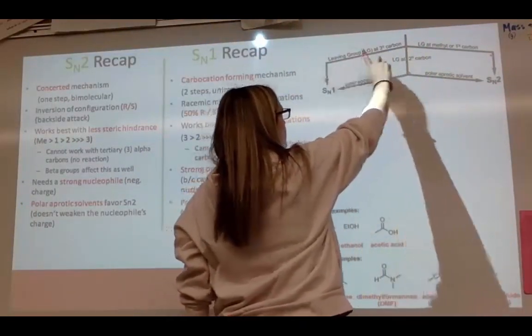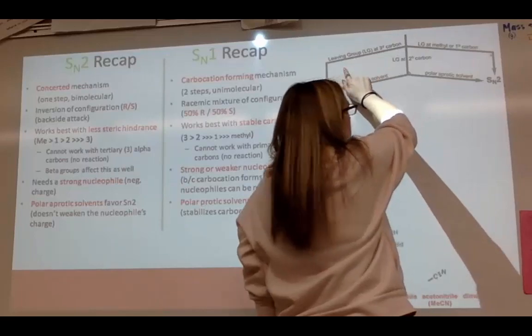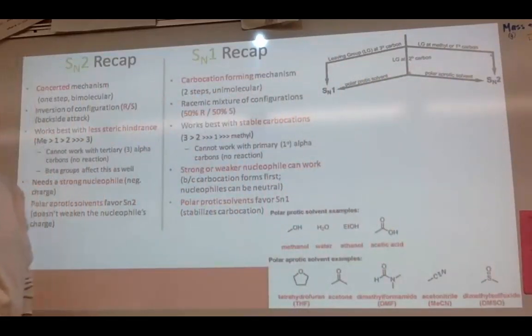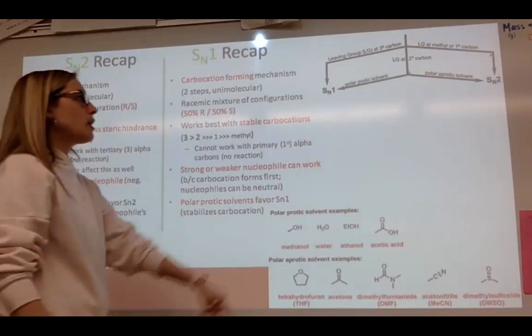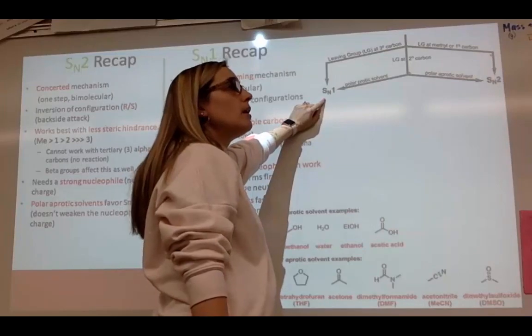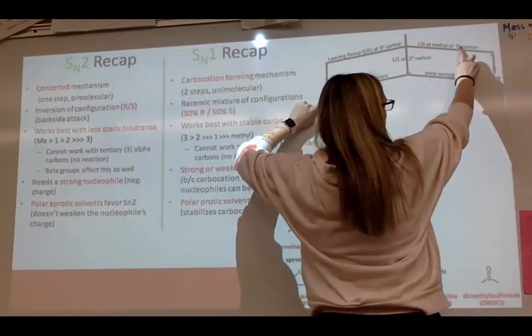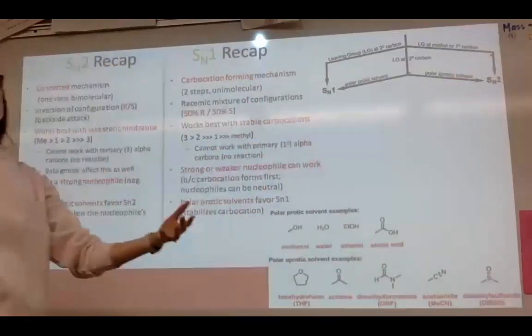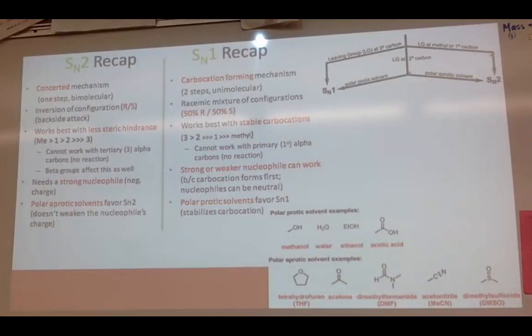So you look at where's your leaving group. Is it on a tertiary carbon, a secondary carbon, or a methyl or primary carbon? If it's on a tertiary carbon, the only thing that could occur is SN1. If it's on a methyl or a primary carbon, the only thing that could happen is SN2. So then you have to make sure you have the right conditions for those to happen.